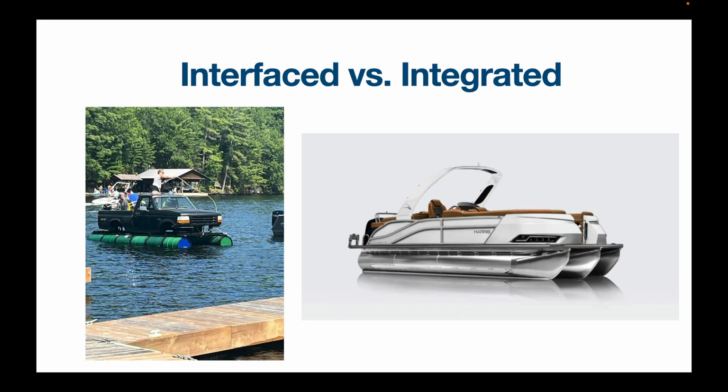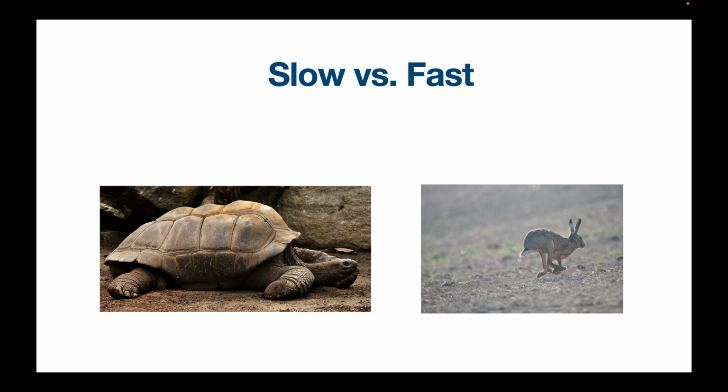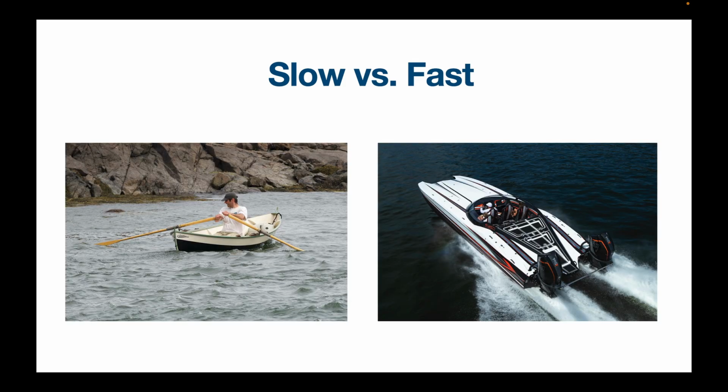If your competitor's recommended solution is a bunch of interfaced apps and yours is much more integrated, look for funny pictures on the internet to show the contrast, like this homemade pontoon boat compared to the luxury pontoon boat. To talk about speed differences between systems, you could compare a tortoise with a hare, though maybe showing 2 kinds of boats would be better.